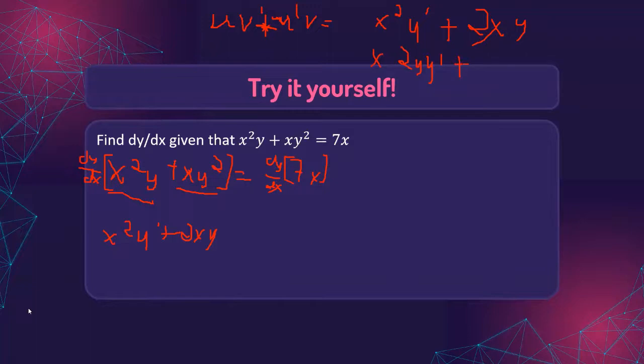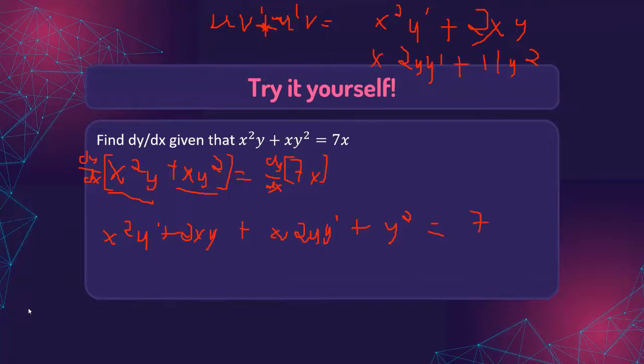Then add our u prime, which is the derivative of x, which is 1, times copy y squared. So the derivative of our second term is x times 2y y prime + 1 times y squared, which is just y squared, equal to the derivative of 7x, which is 7.